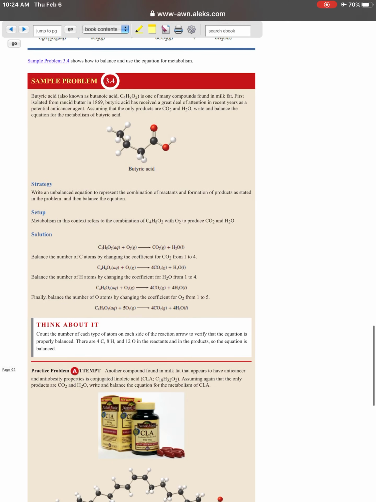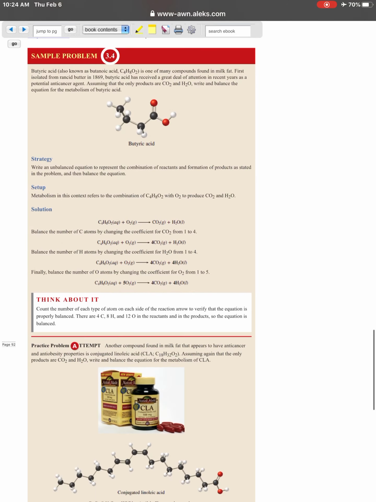Here's another one. This is an example of butyric acid. My understanding is butyric acid doesn't smell very good. I've heard that before. I'm not sure, though. I've never smelled it. In any case, this is an example where they want you to go through metabolism. For those of you that are biology or healthcare majors, metabolism in this case, the way we use that term in chemistry is we mean combustion.